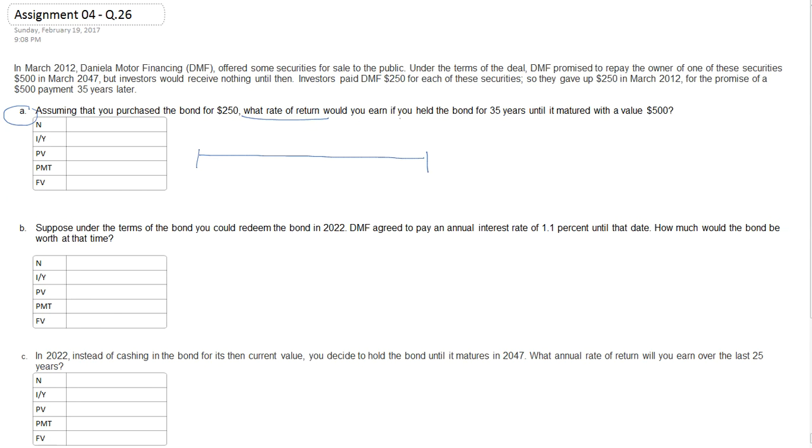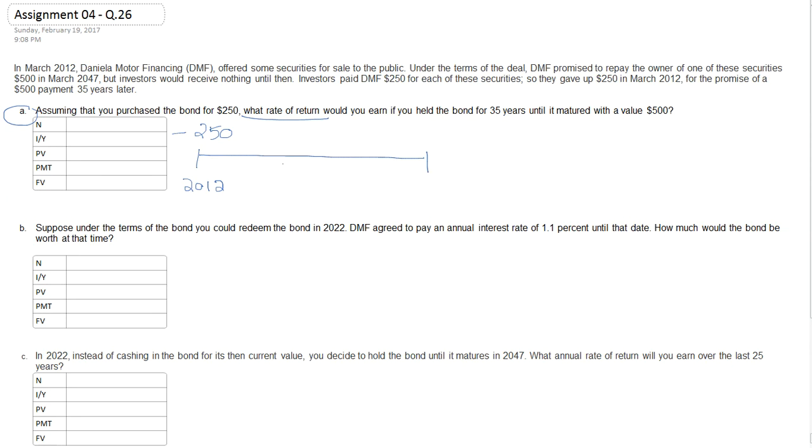If you invest in this bond by buying the bond in year 2012, what you're going to pay today, which is year 2012, for one bond will cost you $250.